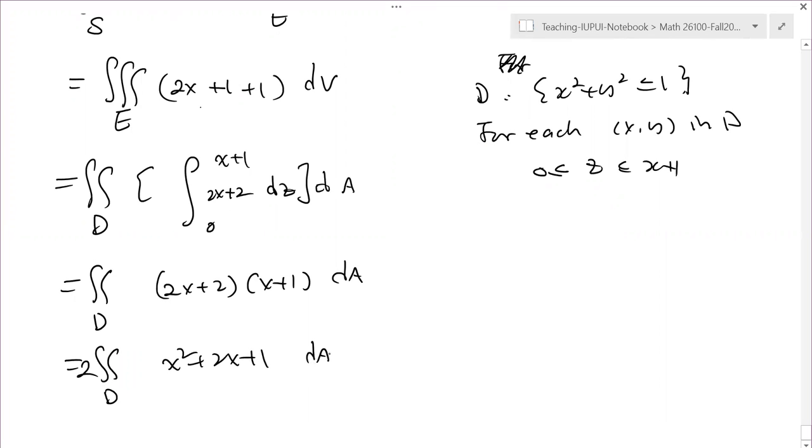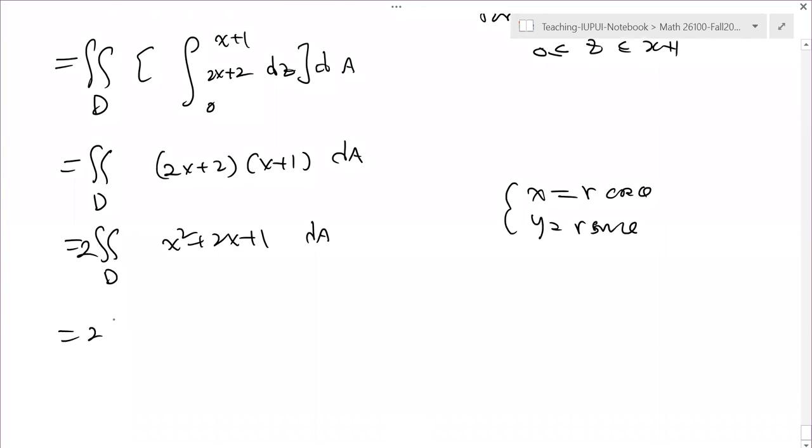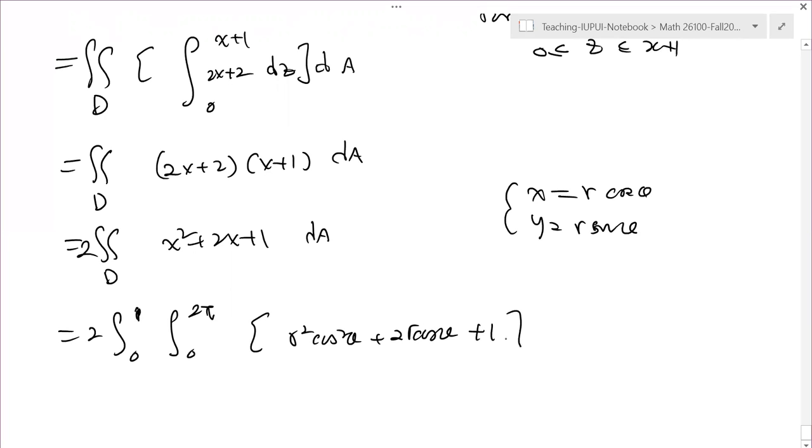Since this is a disk, it's natural to use polar coordinates. So r goes from 0 to 1, and theta from 0 to 2 pi. x is r cosine theta, so we get r squared cosine squared theta, plus 2 r cosine theta, plus 1.